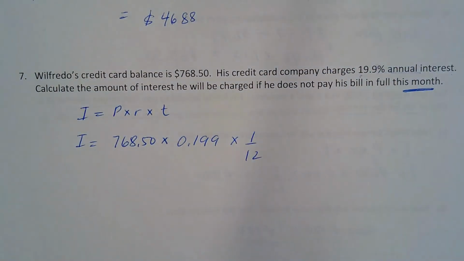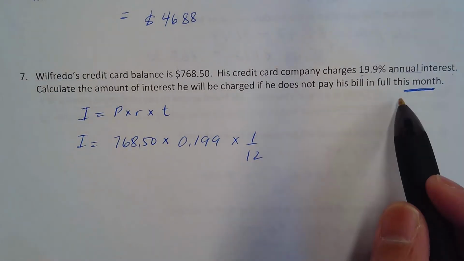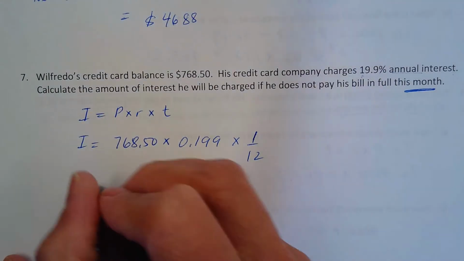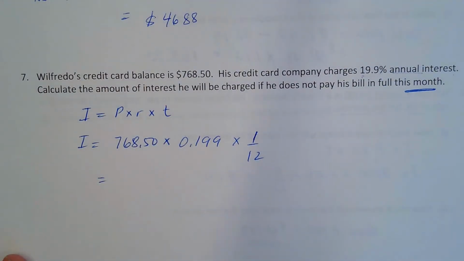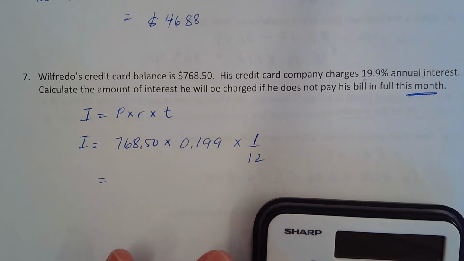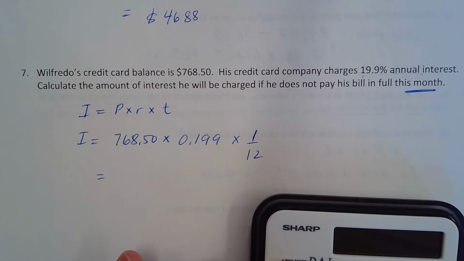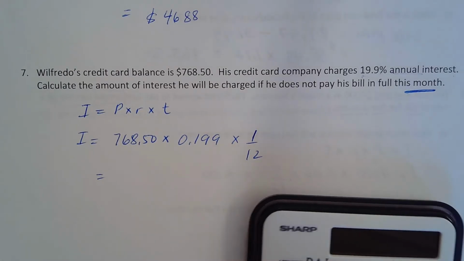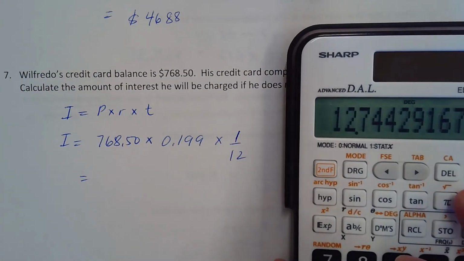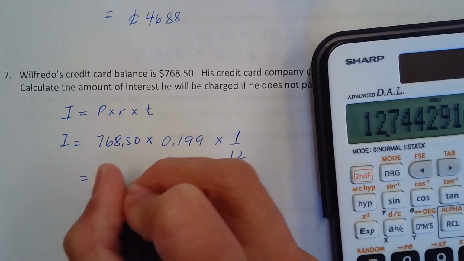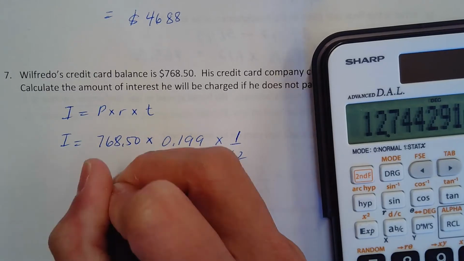Okay, so 768.50 times 0.199 because it's 19.9%. And this month, so that's 1 month out of the 12 months. So interest there is $12.74.